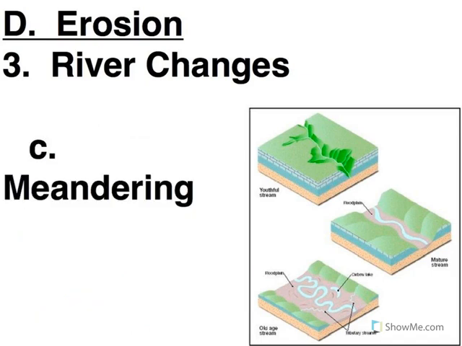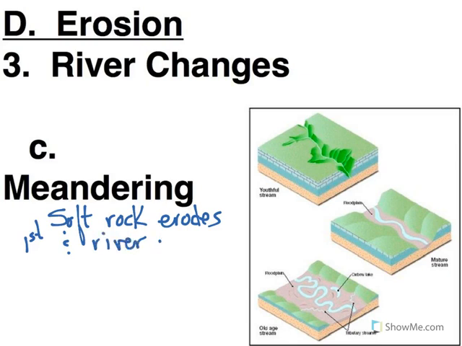You're also going to get meandering. The soft rock is going to erode first. And so the river will meander around the harder rocks.